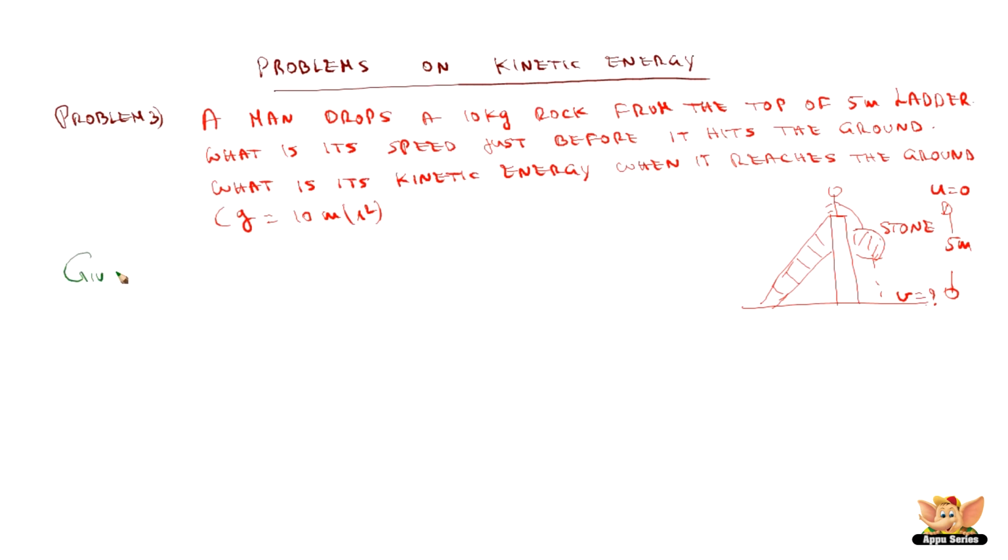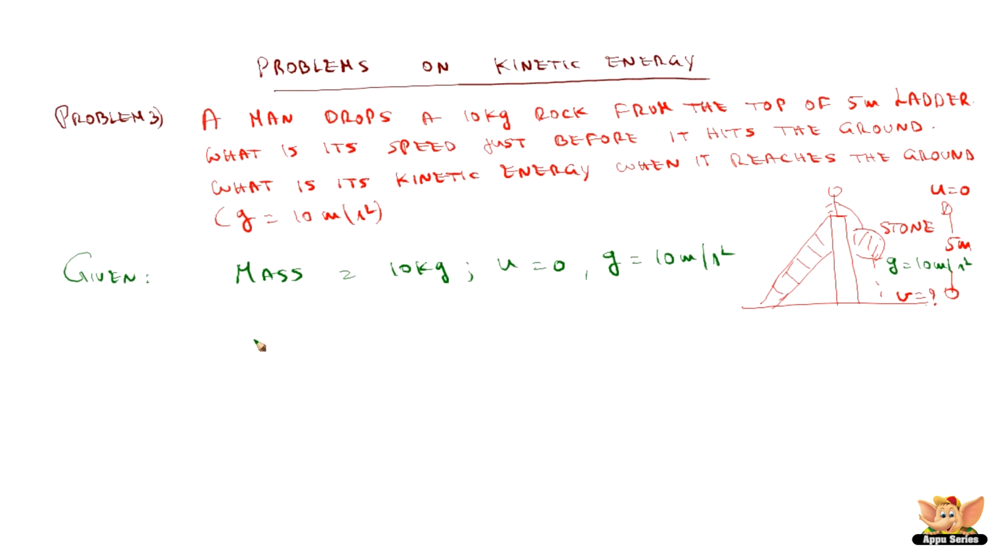So let us see what the given things are and how to solve the problem. The mass of the rock is 10 kg, the initial velocity u is 0, and the acceleration due to gravity g is 10 meters per second square, which is given.